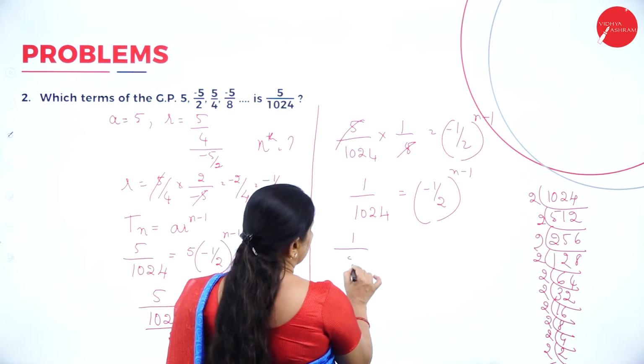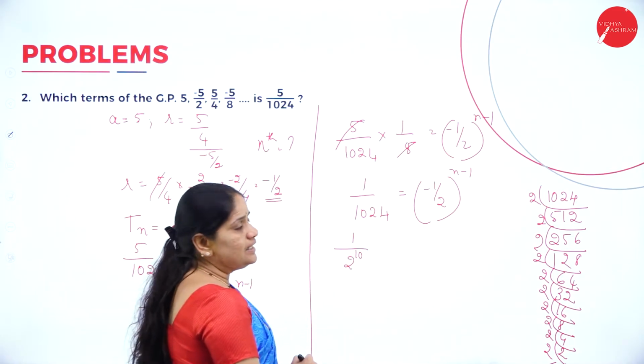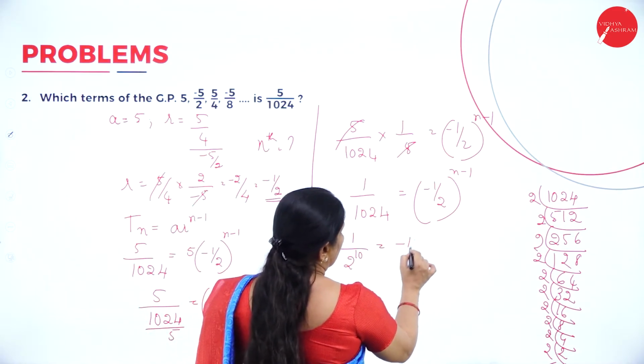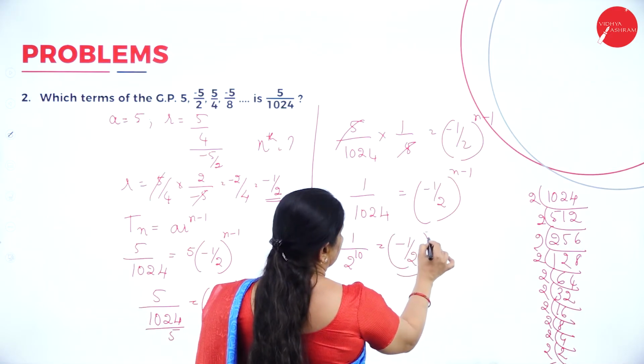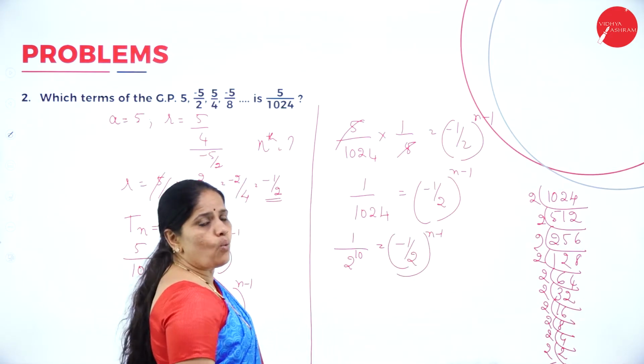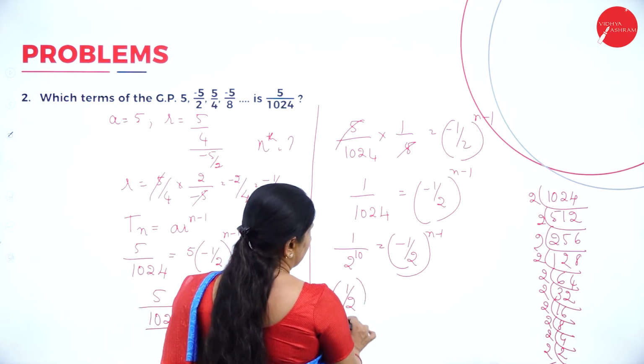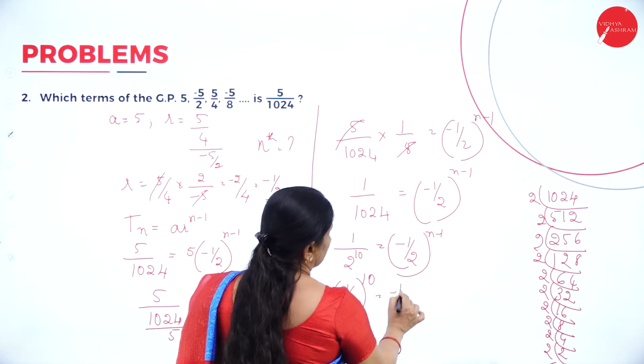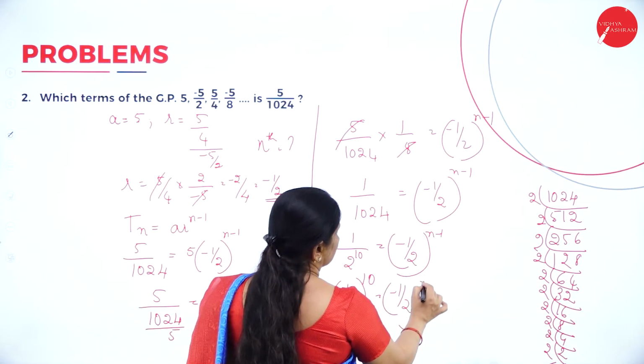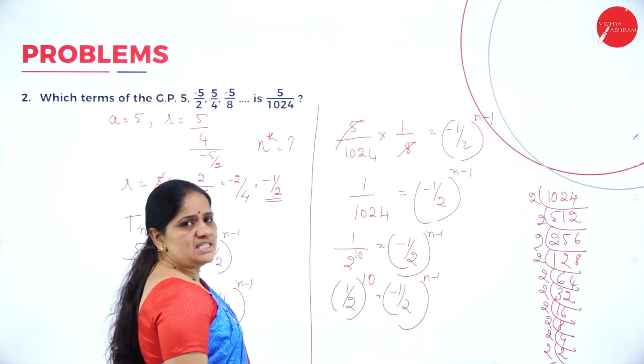So, 1 by 2 to the power of 10 equals 1 by 2 to the power of n minus 1. So, this I can write as half to the power 10 equals minus half to the power of n minus 1.